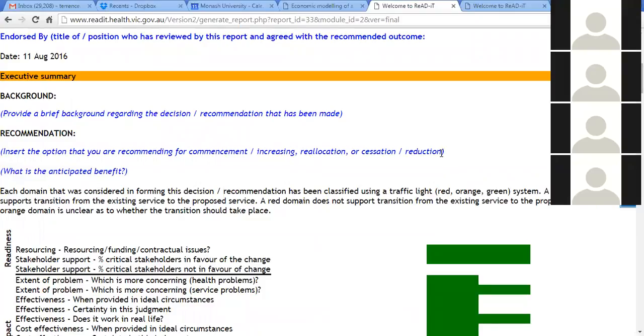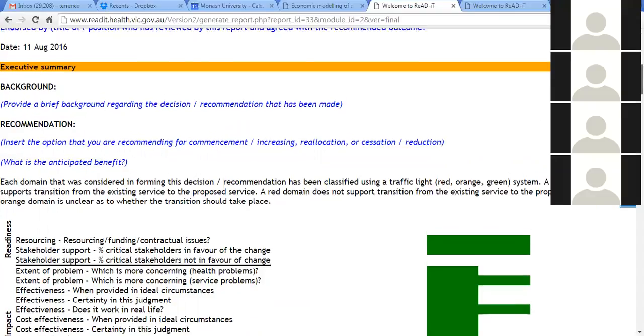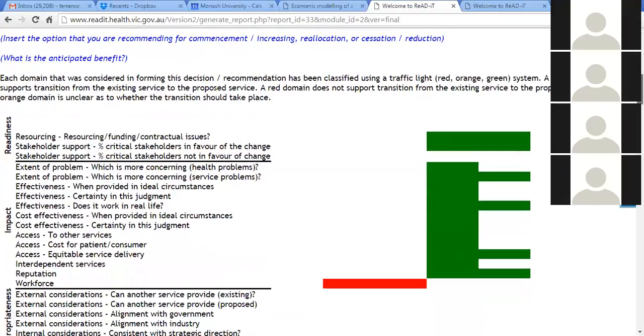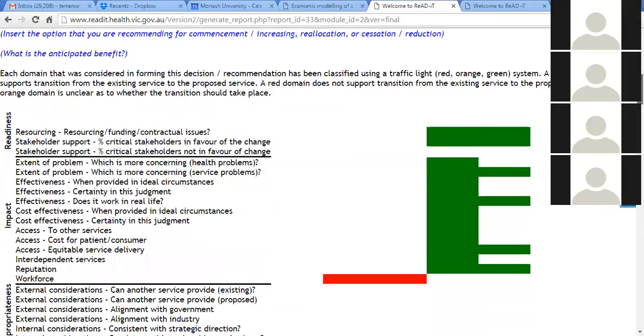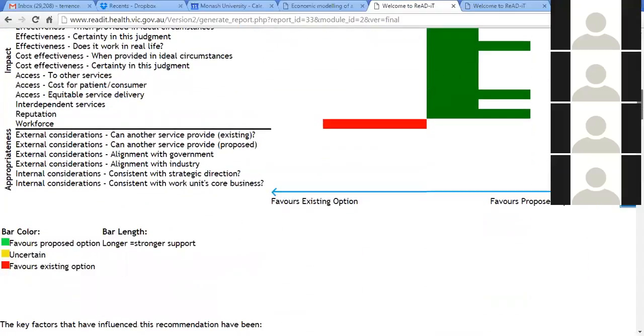If I'm making the recommendation, yes, I'm going with the proposed service, the falls prevention service, but I'm not going to completely get rid of the acute service. I'm just going to change who does the walking and change which patients we see, and you'd add that detail in there where the blue text is currently placed. Then we get down to the decision graph with the green bars indicating the areas where there's a lot of support for making these changes.